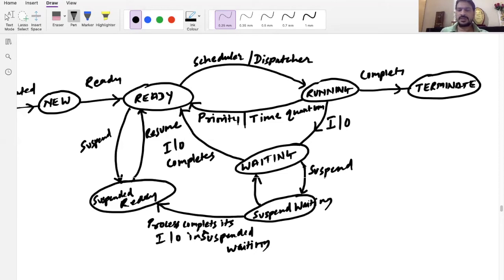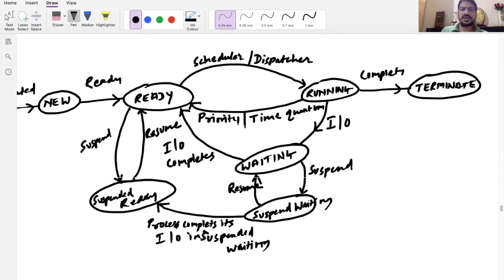Or if some process is waiting in the waiting state and it has been suspended due to another higher priority process which wants to be accommodated into the main memory, it has to be suspended and it will be resumed once there is space in the main memory.